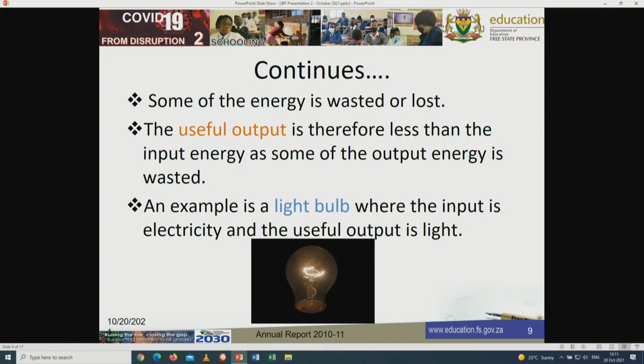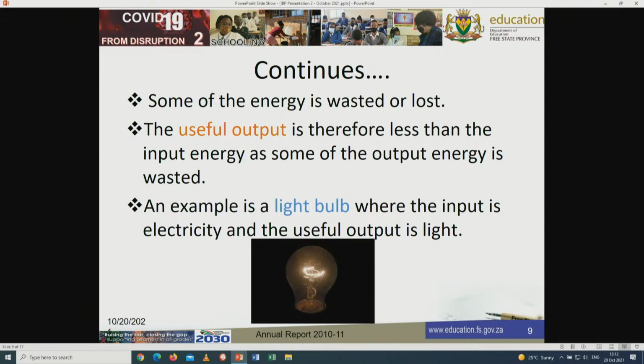Do it practically in the presence of a teacher. I'm saying an example is a light bulb where the input is electricity. The useful output is light. But when you touch it, you'll feel that it's hot.